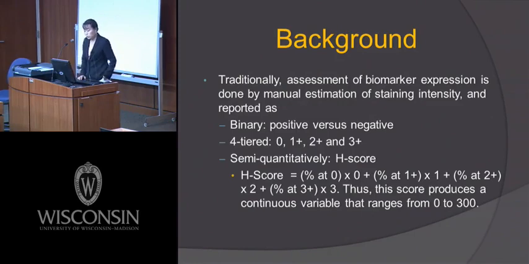Before I go on to talk about Vectra, I'm going to talk a little bit about the background. As we know, traditionally, the assessment of biomarker expression is done by manual estimation of staining intensity, and commonly reported as either binary or four-tiered, or sometimes semi-quantitatively with an H-score.